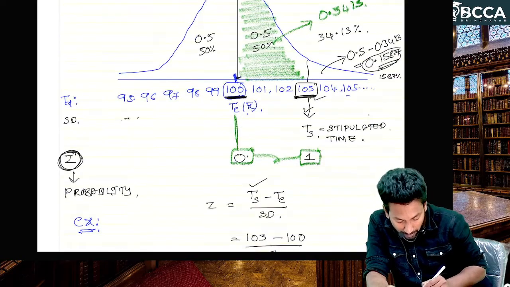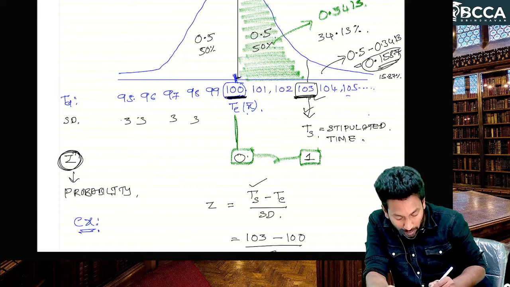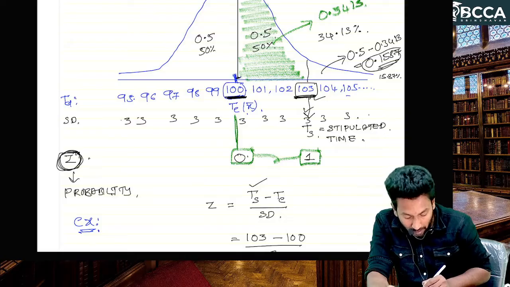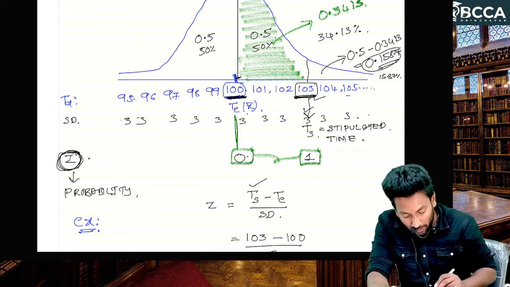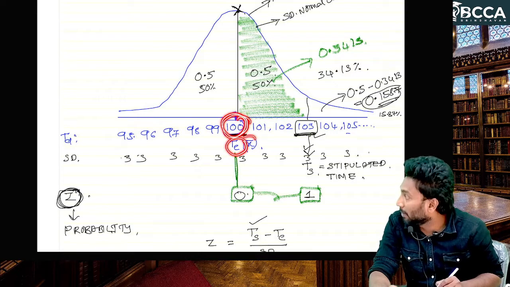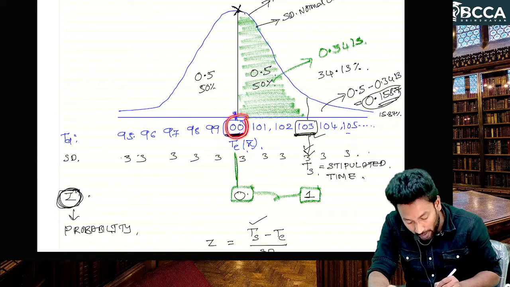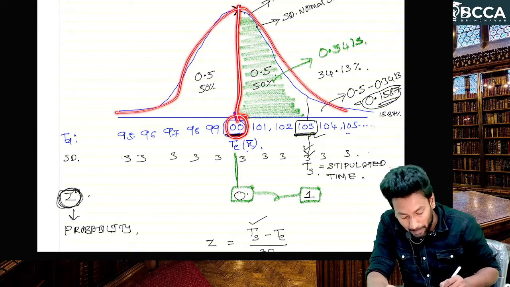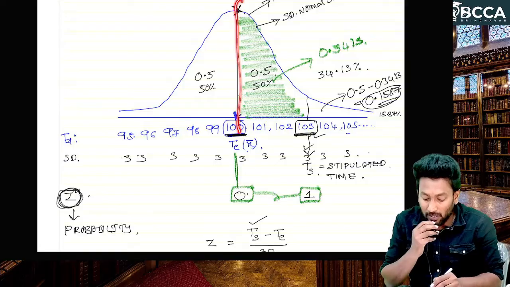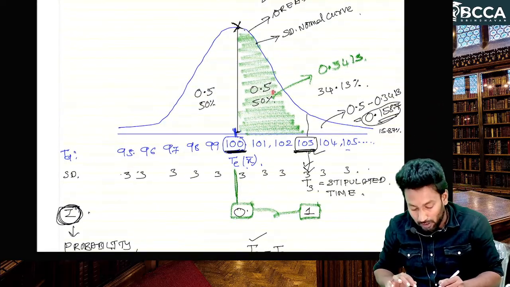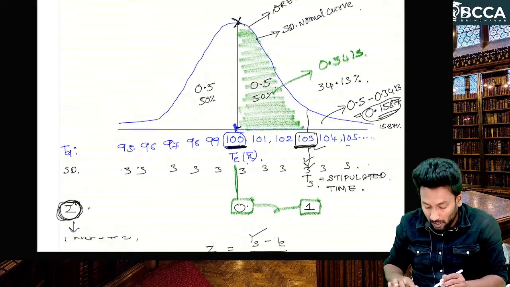With different time values we get different Z values. At the central value, which is the expected time or arithmetic average, the graph is at its peak. This line divides the graph into two halves, 50% probability on each side.